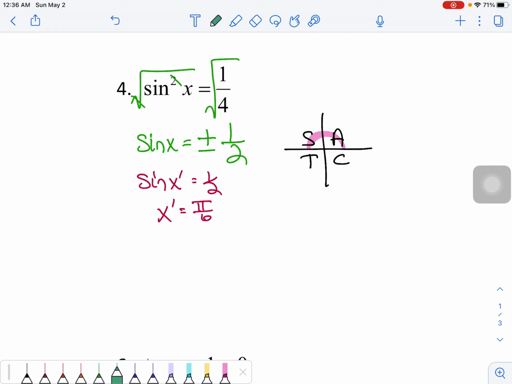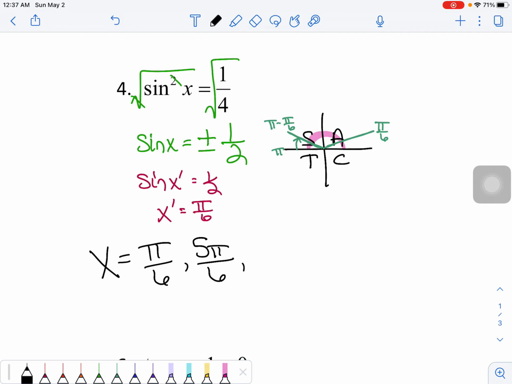In quadrant 1 is your reference angle. It's just that straightforward reference angle. In quadrant 2, we want to push back off the x-axis, knowing that that's pi, so this would be pi minus pi over 6. So answers here, we've got x is equal to pi over 6 and 5 pi over 6. So that's the first two.